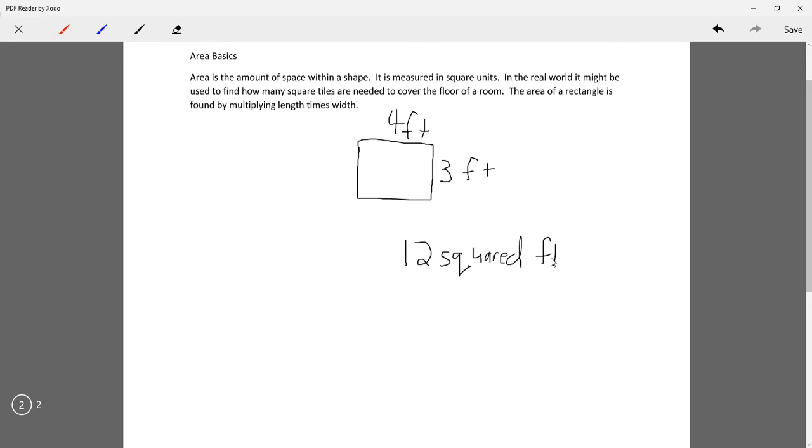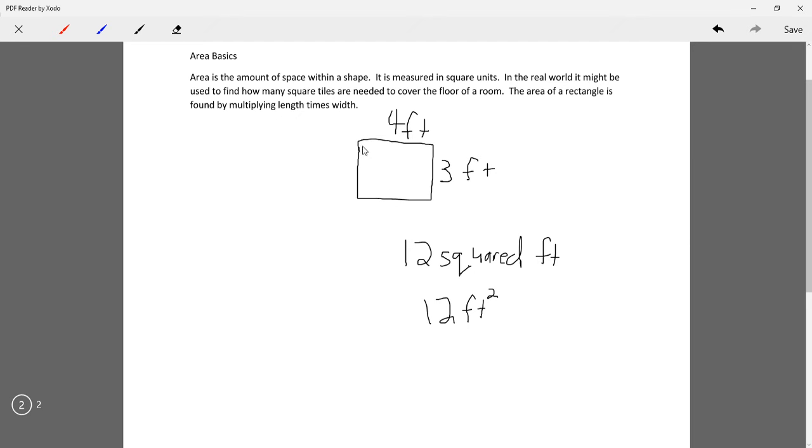Or you could also say 12 feet squared, and you can write it like this as well. You put a little 2 up here, and this is an exponent, and this just means squared. So 12 feet squared.